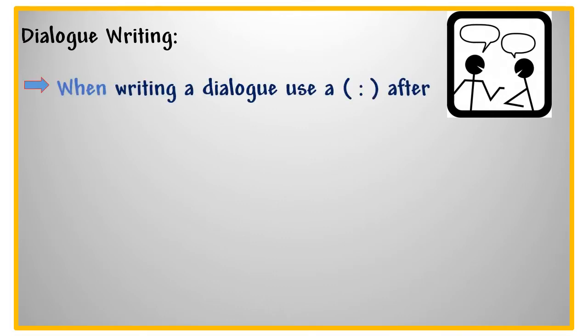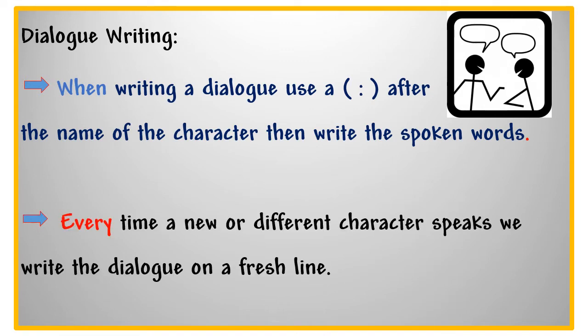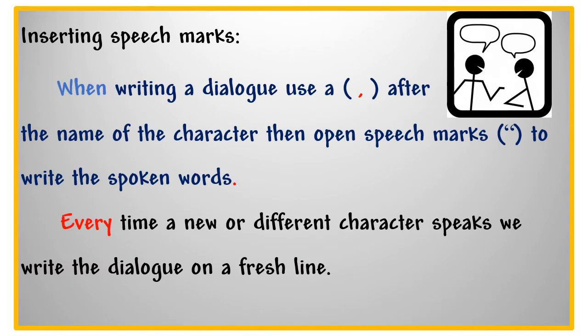When writing a dialogue, use a colon after the name of the character, then write the spoken words. Every time a new or different character speaks, we write the dialogue on a fresh line. We can transfer some of the knowledge we have from dialogue writing to using our speech marks.